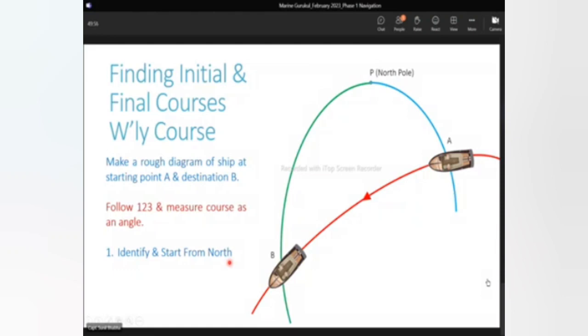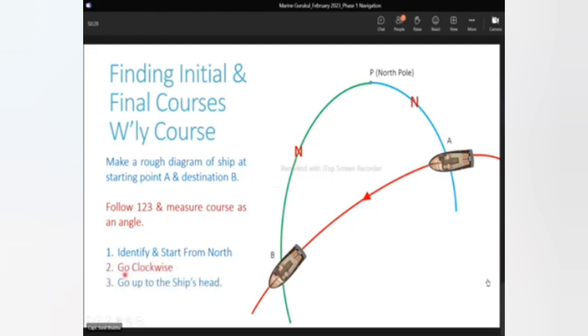As discussed earlier, the direction of the meridian going towards the North Pole gives us the northerly direction at any particular point. So at A, the direction of the meridian going towards the North Pole gives us the northerly direction. Let's mark it as N. And at point B, the direction of the meridian going towards the North Pole gives us the northerly direction here.